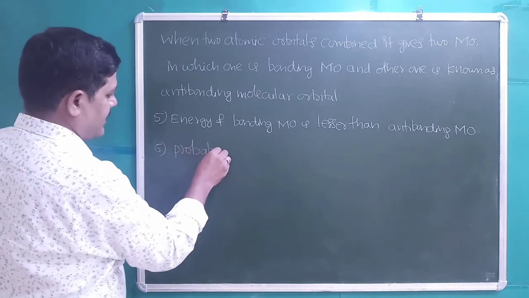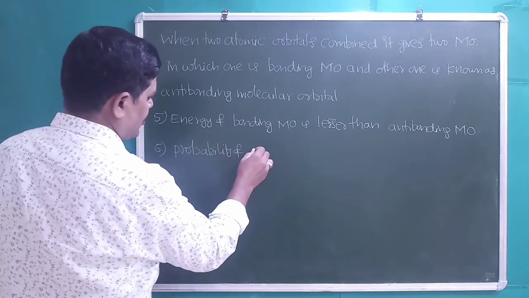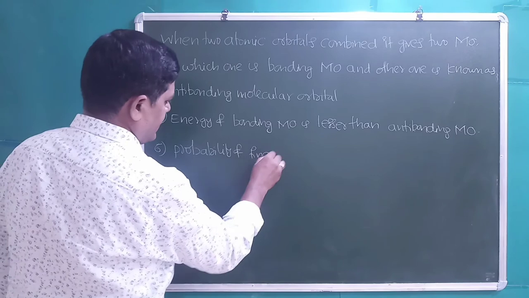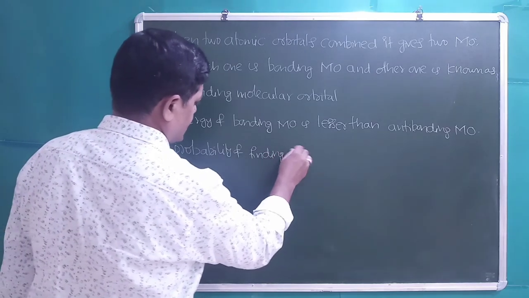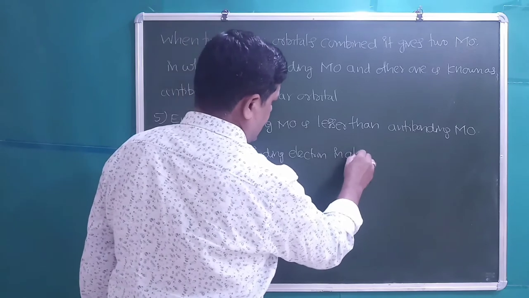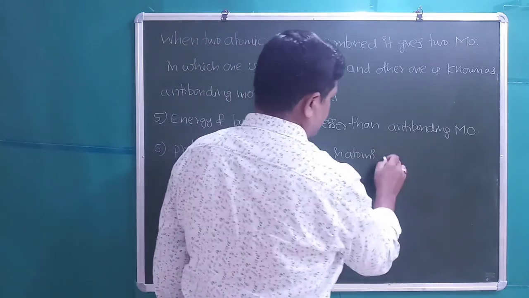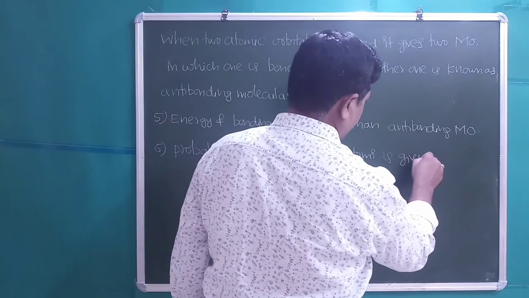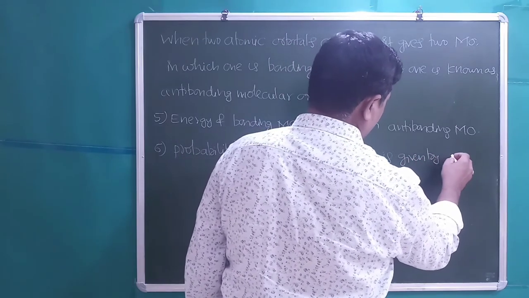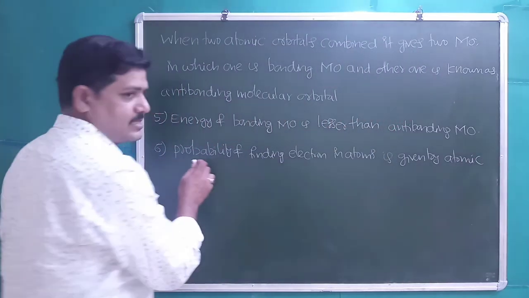Probability of finding an electron in atoms is given by atomic orbitals.